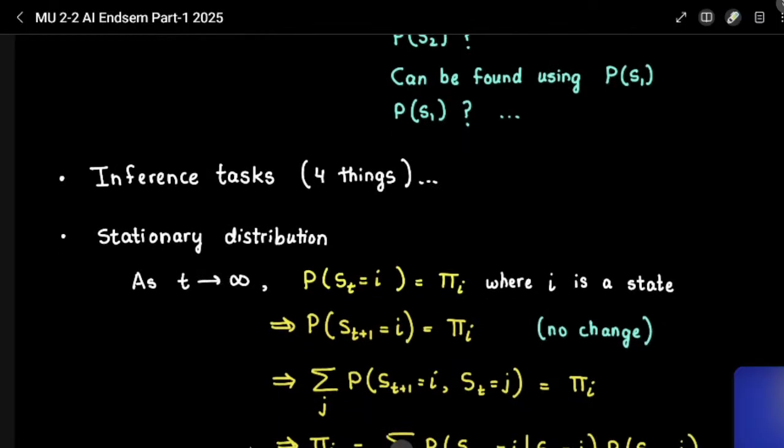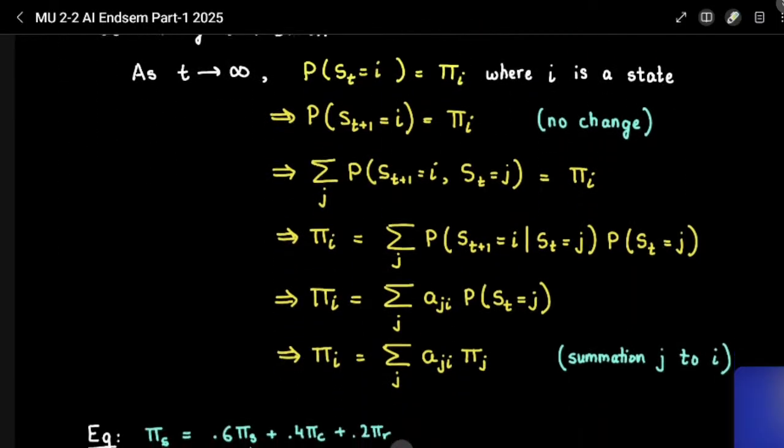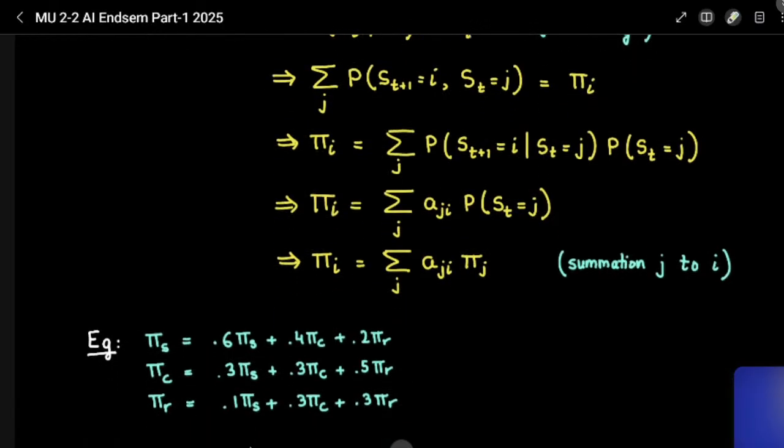So if you do some derivations, you'll finally get this equation. This is the stationary probability, the probability of the world being in state I, and these are the transition probabilities, the transition probability of moving from state I to state j. So in order to find your stationary probability distribution, you just use this equation.